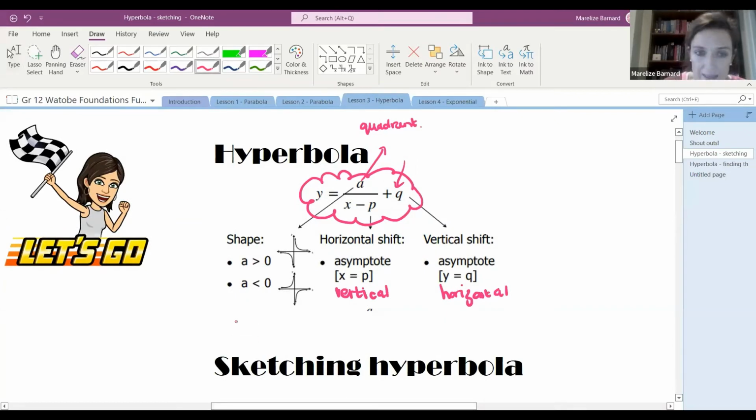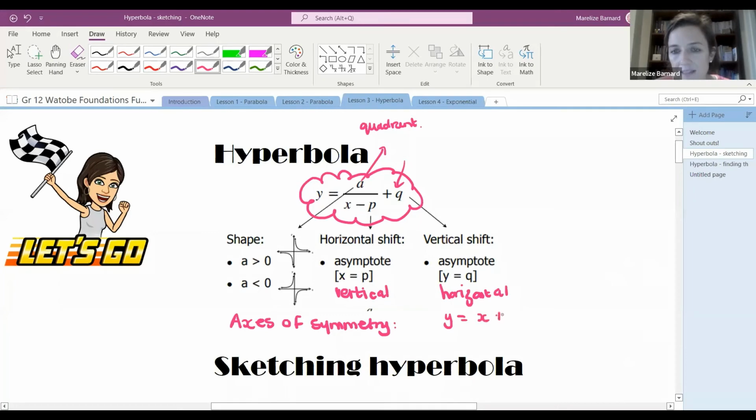There's one more thing here that we have to add, and that is the axes of symmetry. For the hyperbola, there's always two of those, x plus c and then minus x plus c.